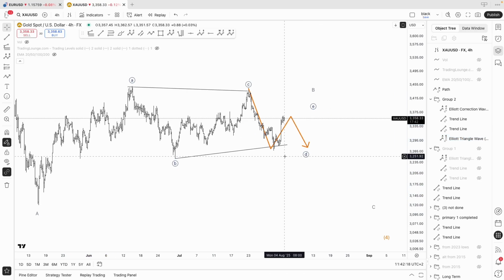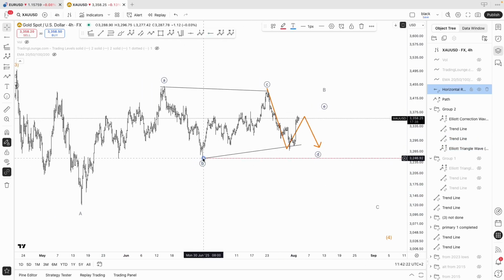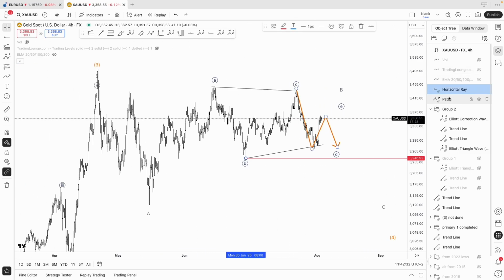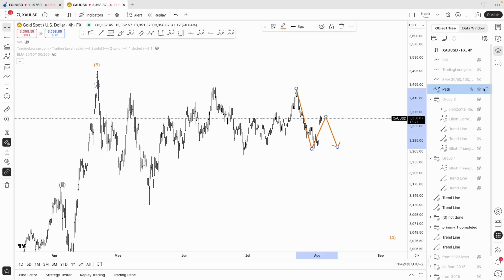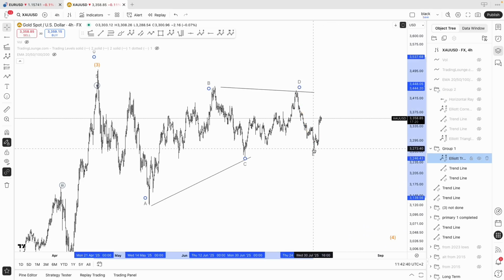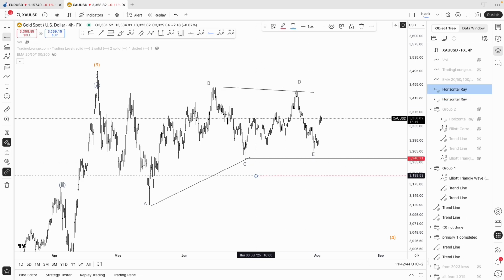Now, what I can tell you is, for this count here, this is wave count validation. So if we move south of $3,246, then this is no longer valid. Perfect. Now, with the triangle in 4, let's say this is wave count validation, which is the same point.